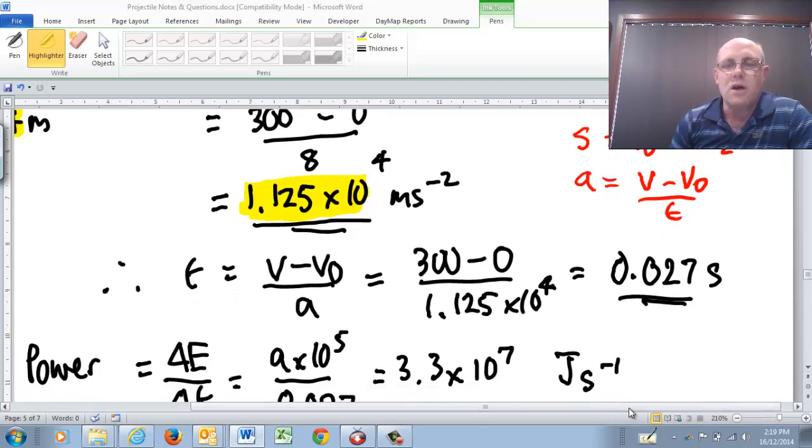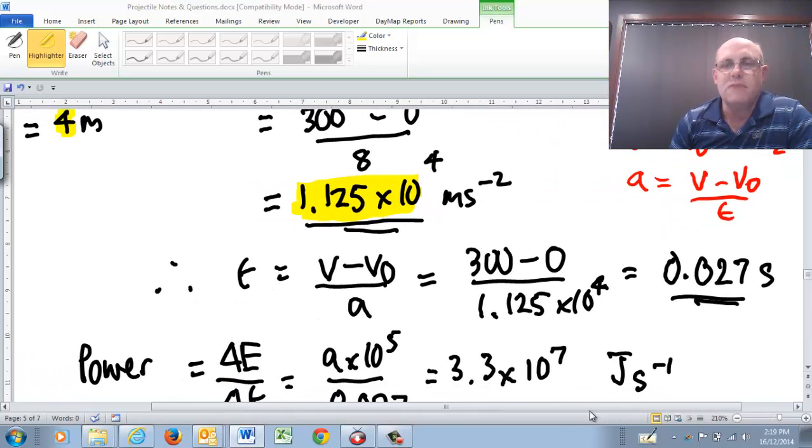Now, to work out the time it's going to take to exit, the time is equal to the change in velocity over the acceleration. So it's going from 0 to 300 over that acceleration, which gives 0.02 seconds to go through.